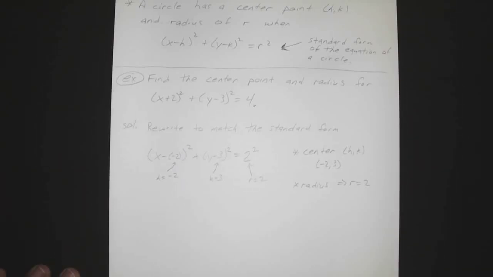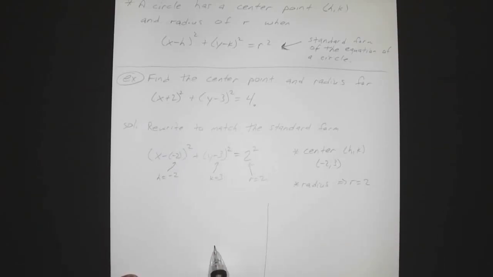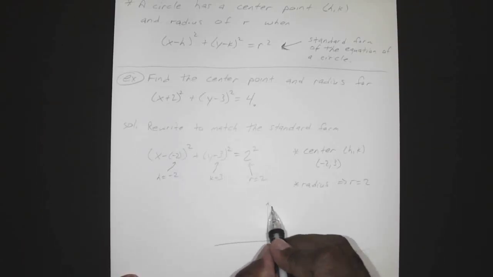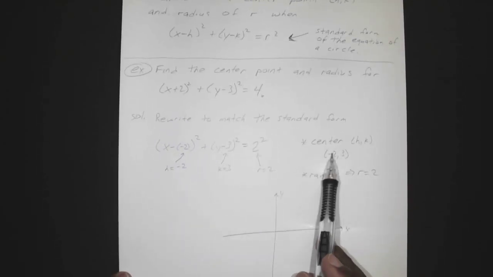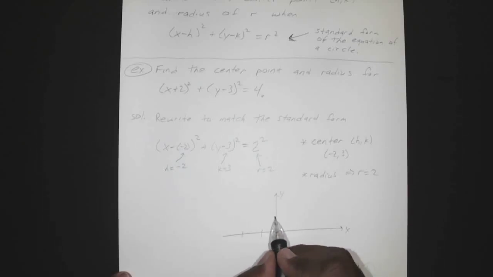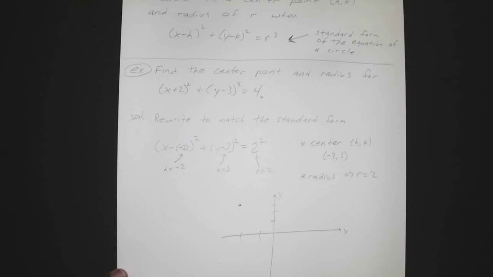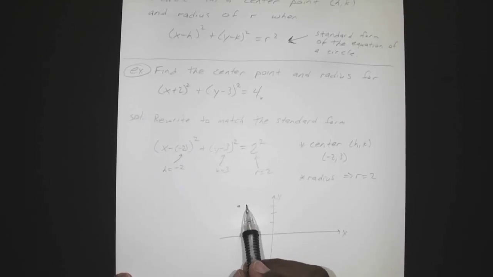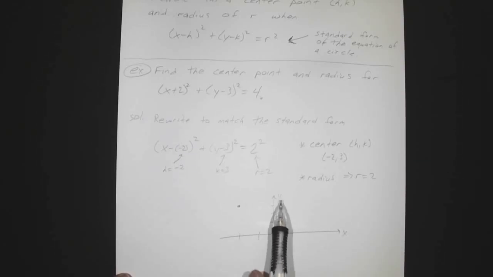That means if you wanted to graph this one, that's your x, that's your y. You go right to your center, which is (negative 2, 3), and then you just go out a distance of 2, which brings you about right there.